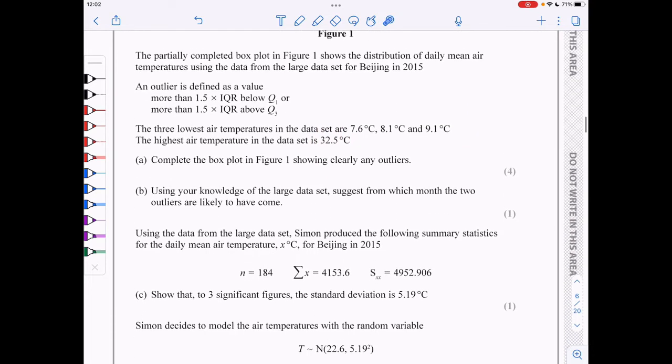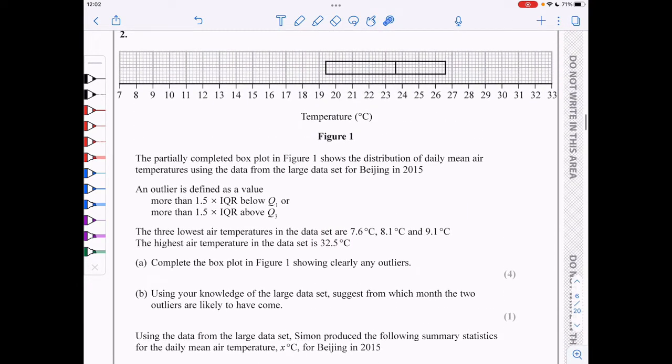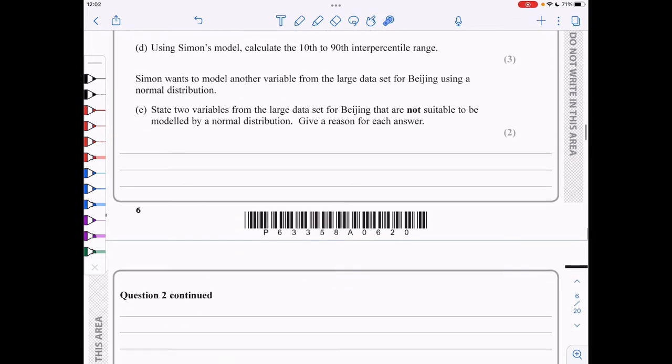Now, I will start by actually determining the interquartile range. So Q1 is over here, Q3 is over here. So paying attention to the scale, I can say that the interquartile range will be 26.6, which is the upper quartile, minus 19.4, which is the lower quartile, which is 7.2.